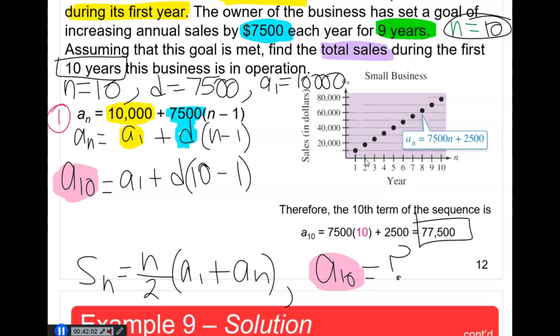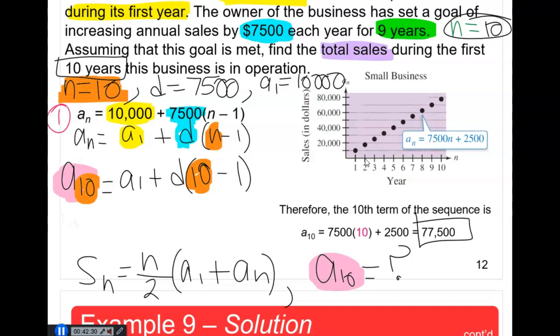So you could see here how we are finding. So if n is 10 right here, we're going to find n minus 1, which will be 9. So now let's substitute everything.